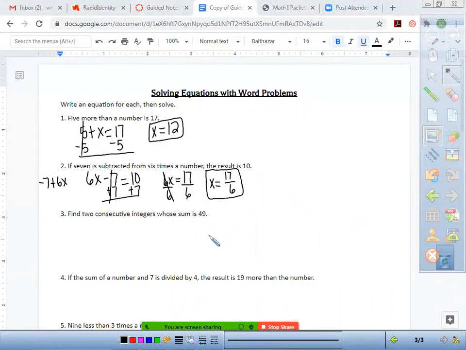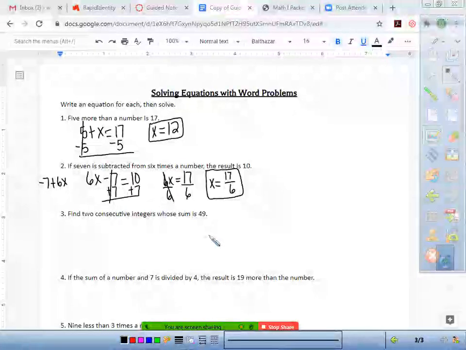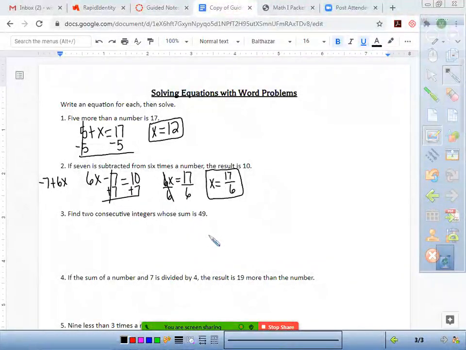All right, number 3, 2 consecutive integers whose sum is 49. All right, so let's talk about what in the world is a consecutive integer. Do you know what consecutive means?